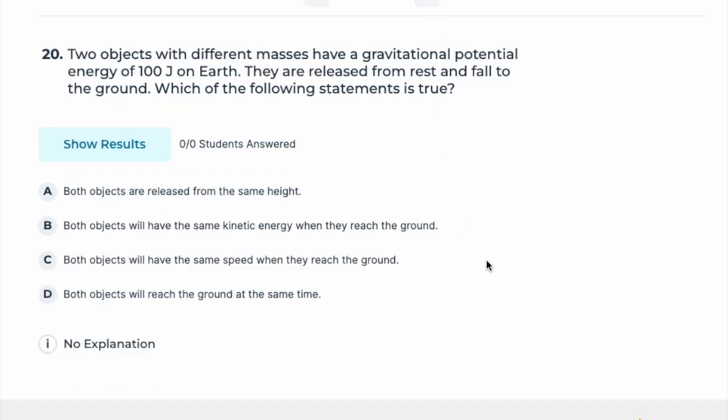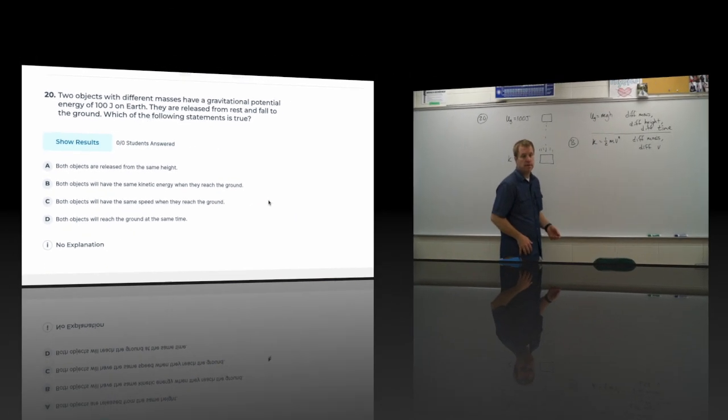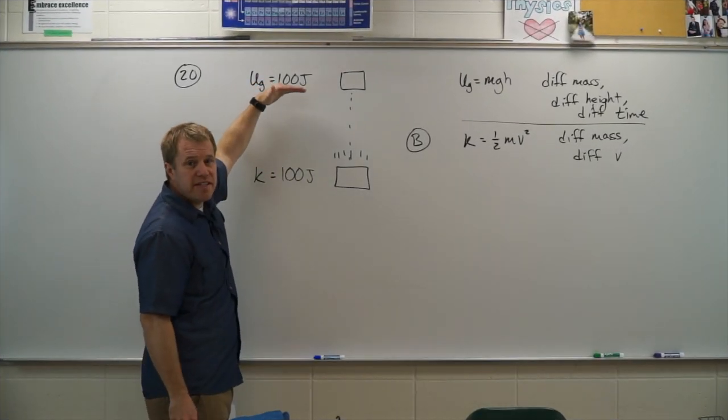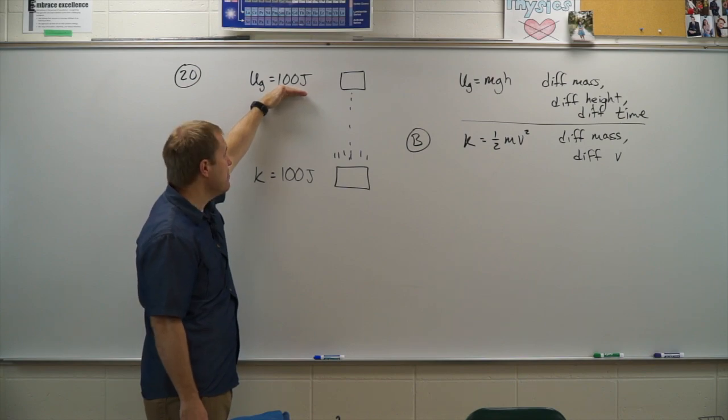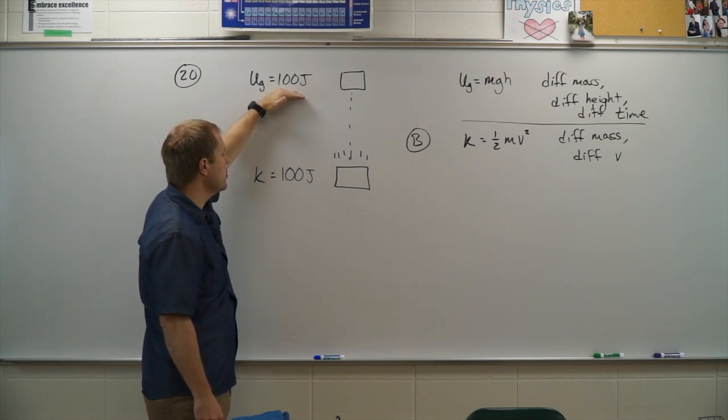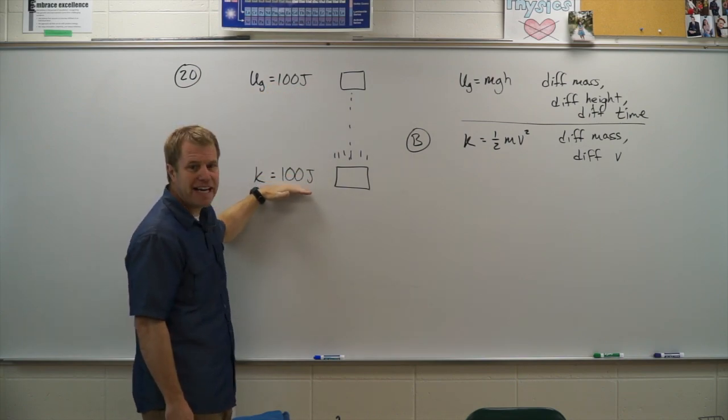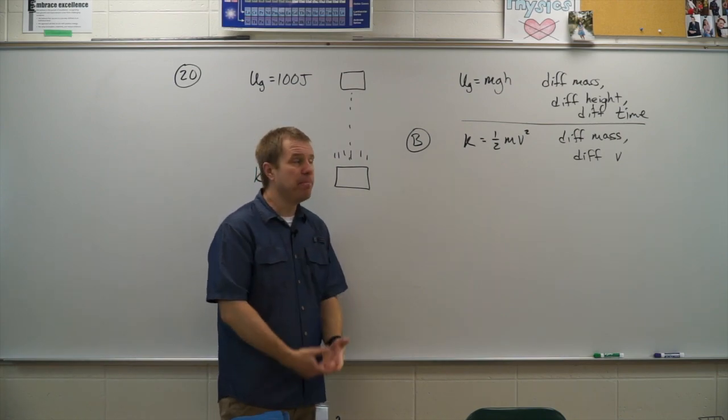Number 20. Two objects with different masses have gravitational potential energy of 100 joules on Earth. They are released from rest and fall to the ground. Which of the following statements is true? All right, since they both start with the same amount of potential energy at the top, say 100 joules, all of that 100 joules gets to turn into kinetic energy, so they will have the same at the bottom.